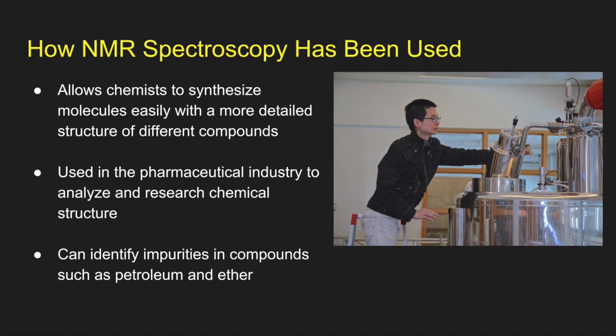NMR spectroscopy has been an incredibly useful tool. By utilizing this method, people such as chemists and pharmacists, among others, are able to identify, modify, and fix compounds. For example, chemists have been using NMR to be able to synthesize chemicals more efficiently at a higher success rate as they are presented with a more precise structure of compounds.